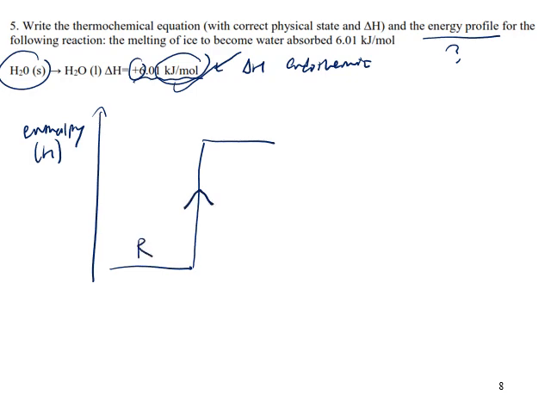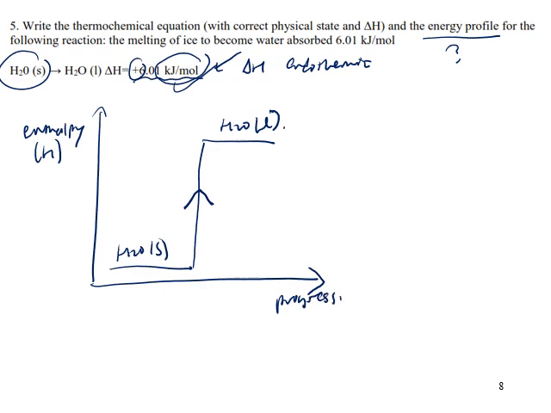Here will be your reactant, here will be your product, but you label specifically what is your R and P. So the reactant here is H2O solid, the product here is H2O liquid. If you want to label the x-axis, you can. So here you can put the progress of reaction, or you can also say that this is the reaction pathway.